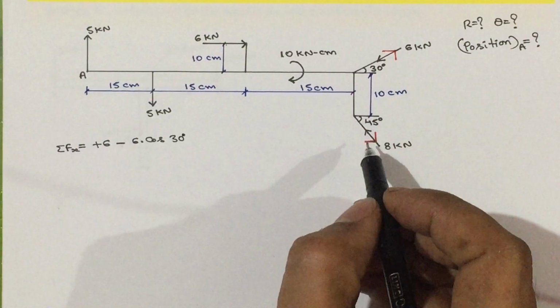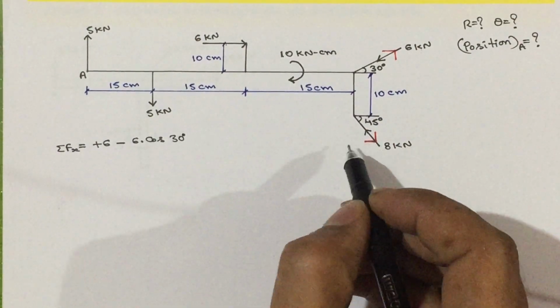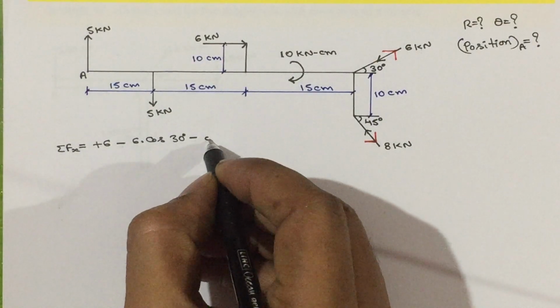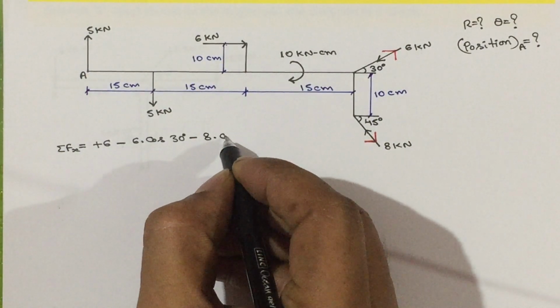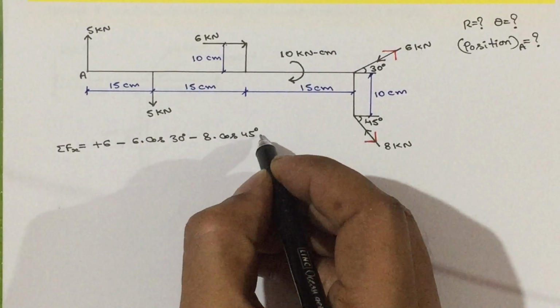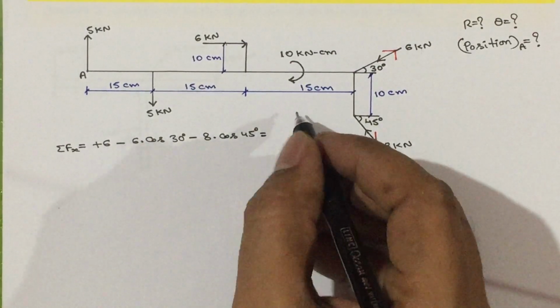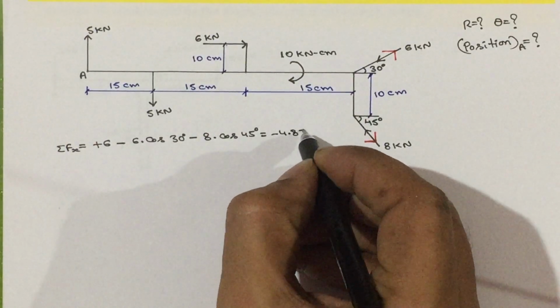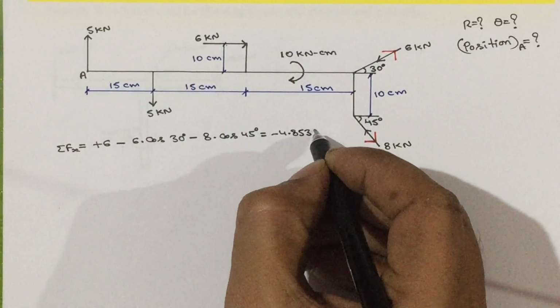Then vertical component, leave it. Here the horizontal component moving leftward, minus. Component is F cos theta, that is 8 into cos of 45 degree. If you calculate, you are going to get the value as minus 4.853 kilonewton.